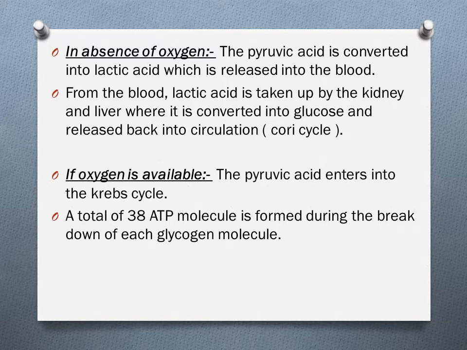This process is done by the Cori cycle. Now, if oxygen is available, the pyruvic acid enters into the Krebs cycle. You have all studied about the Krebs cycle in your 12th classes. A total of 38 ATP molecules are formed during breakdown of each glycogen molecule.